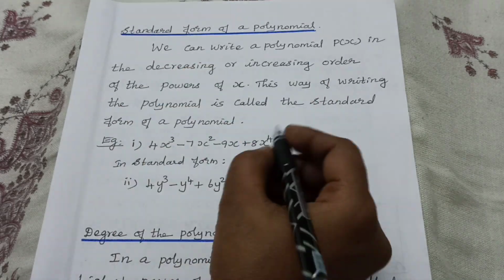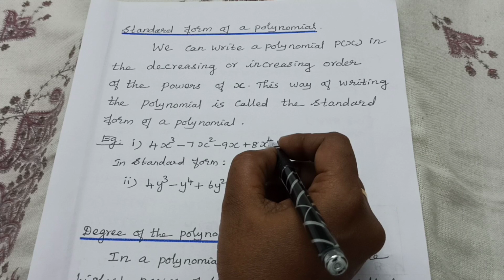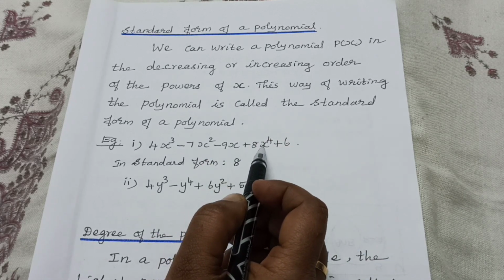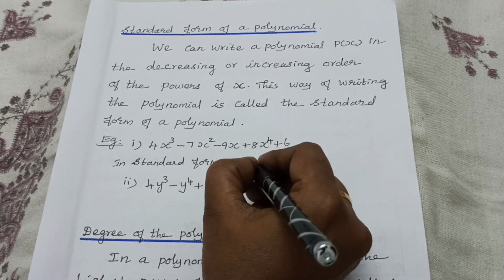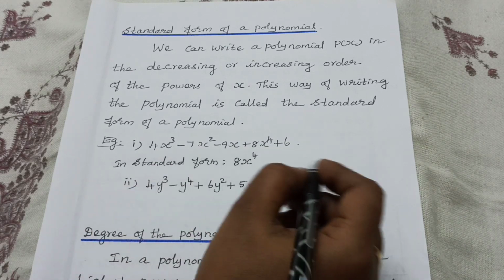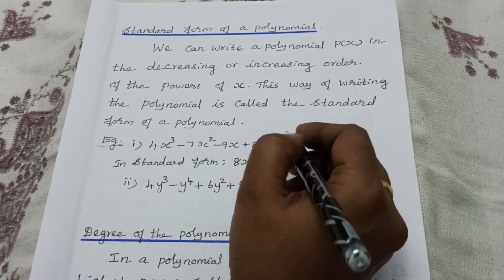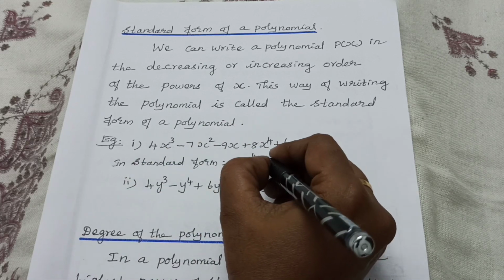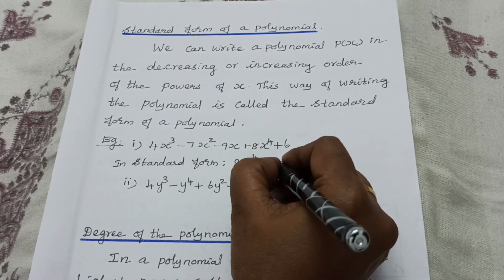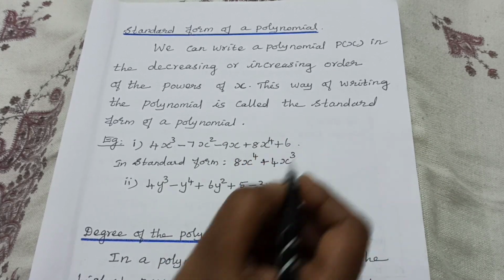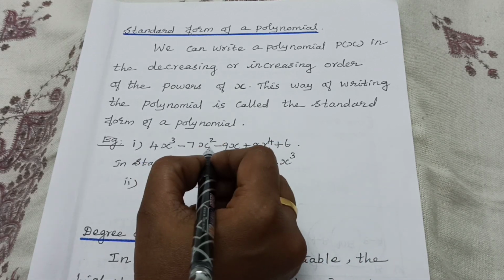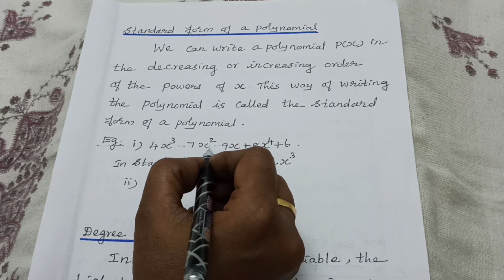Decreasing means which one first? The greater power. Here 8x power 4 is the highest degree, isn't it? Then x power 4 we have to write first. Next, which one will come? x cube, isn't it? So the x cube term, plus 4x cube. Then after x cube, x square will come, which is minus 7x square.